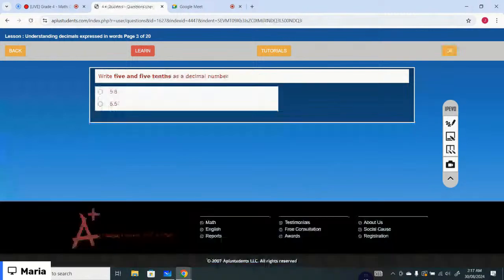Write 5 and 5 tenth as a decimal number. Which is the correct option?